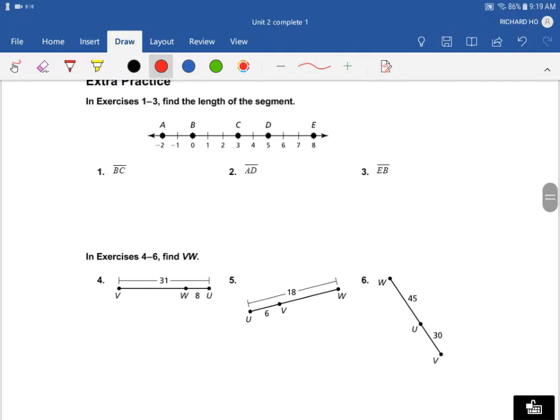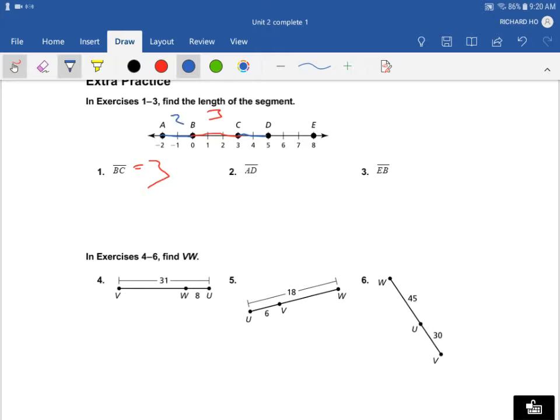So segment addition at its most simple is like this. So you start off with BC is what we're looking at for the first one. So from B to C, the distance is 3. So BC is 3. If you go from A to D, you add in this segment here and this segment here.